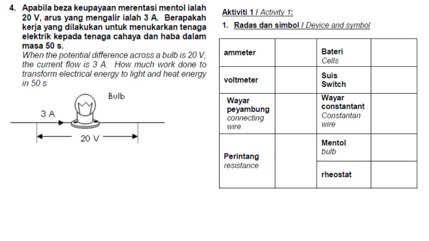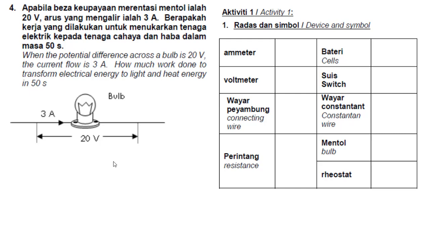When the potential difference across a bulb is 20 volt, the current flow is 3 amp. How much work is done to transfer electrical energy to light and heat energy in 50 seconds? This time they give you T equals 50 seconds. You are given I equals 3 ampere and V equals 20. So our task is to find energy, E. We have the formula E equals QV.